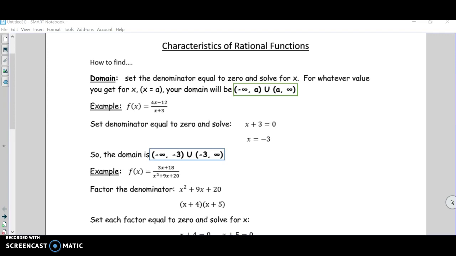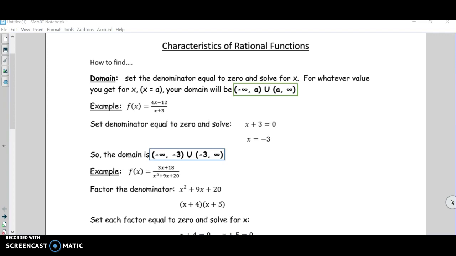Okay, so what we are doing first is domain. It always comes first because if you think back to when you were simplifying, you always had to find what first? Domain restrictions, okay? You always found that before you simplified any of those factors, right?